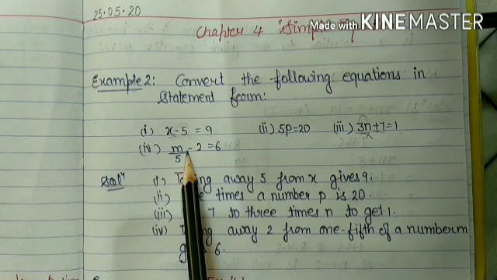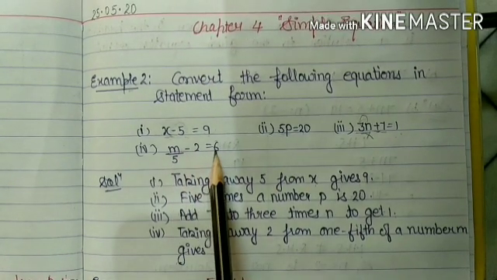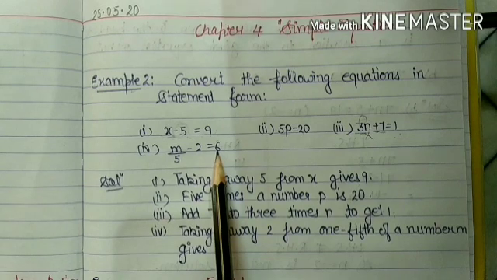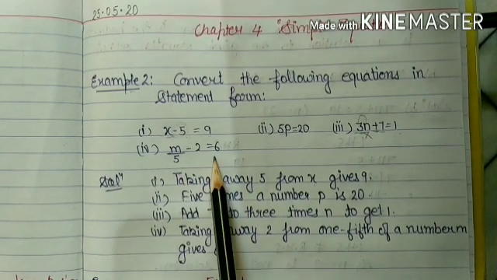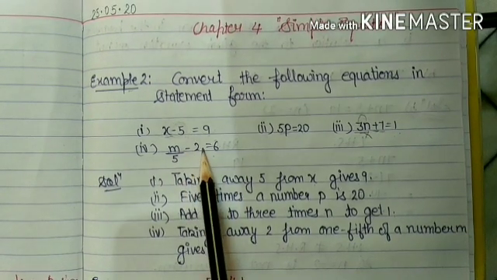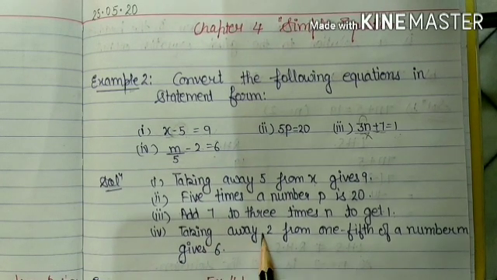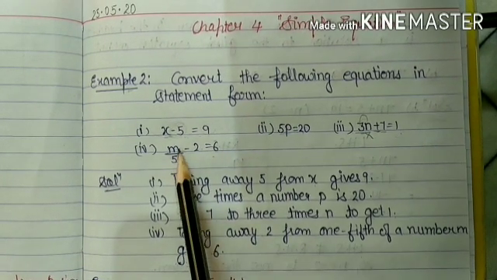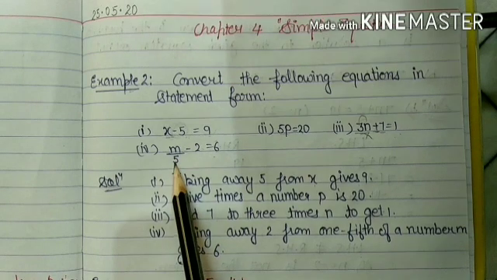For the next, m by 5 minus 2 gives you 6. How to read it? What will be the statement form for this given equation? We are taking away 2. So, taking away 2 from what? m divided by 5 means you can say 1/5 of m.